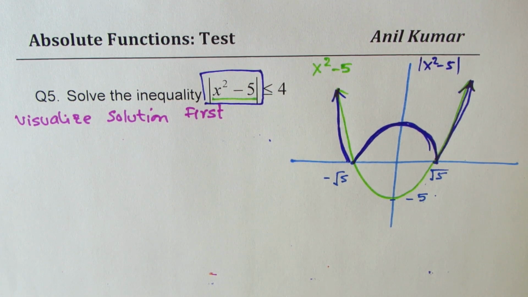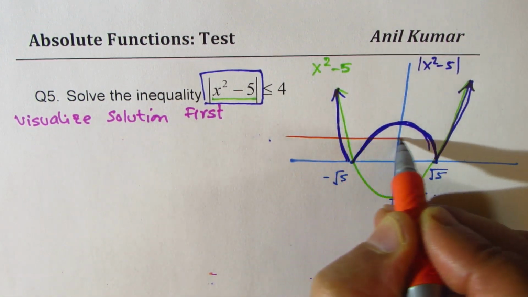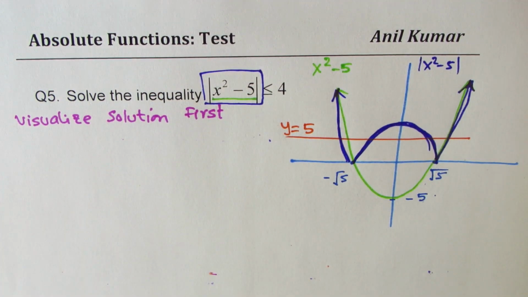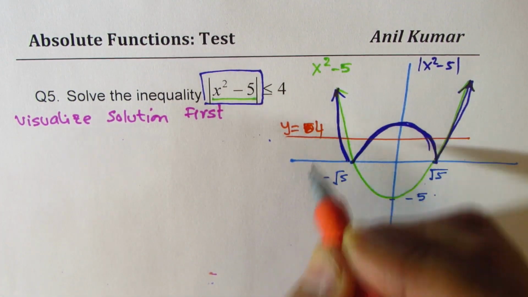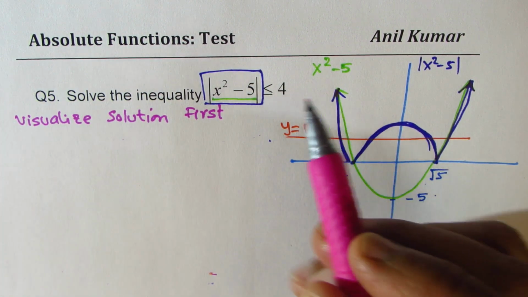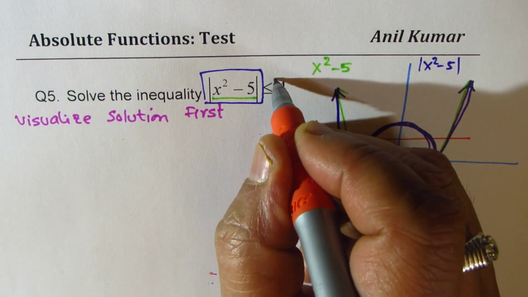Now what is 4? 4 will be a horizontal line. So this line here is y equals 4, correct? Now when I say that, let me write this in orange.